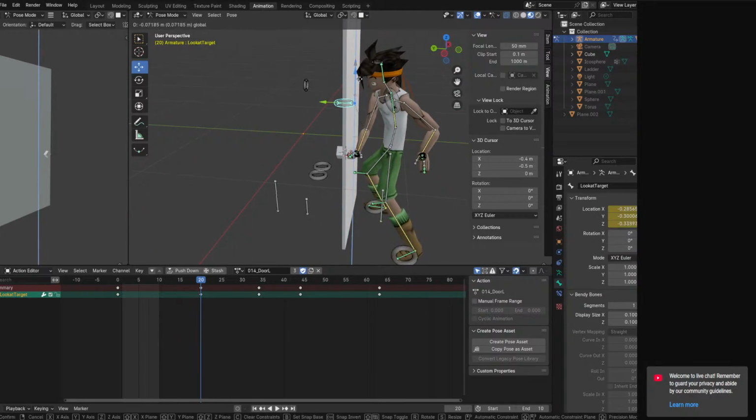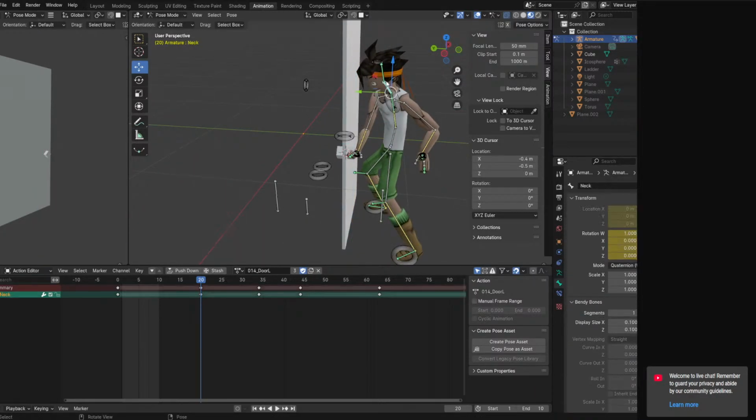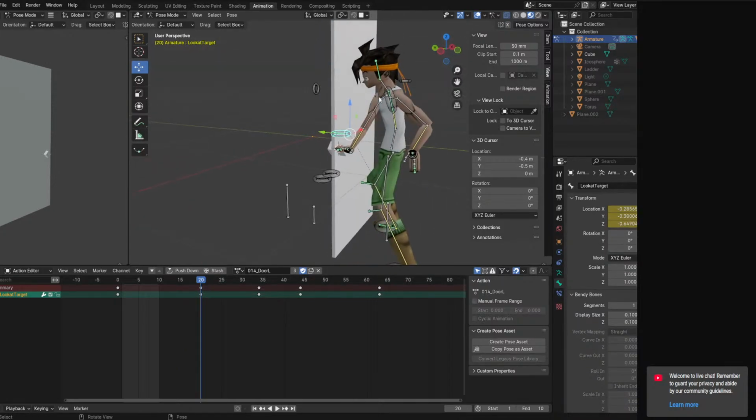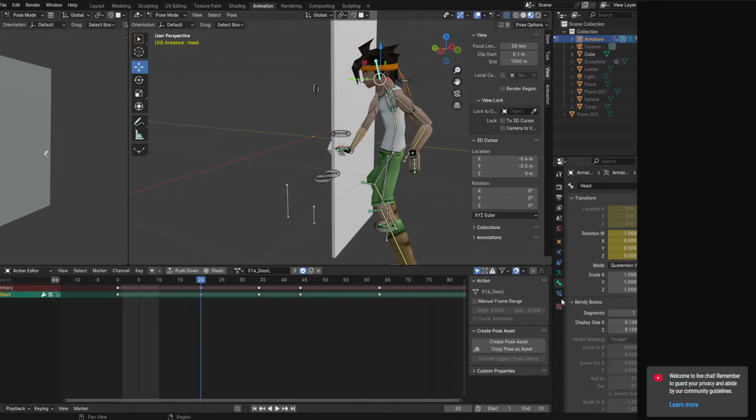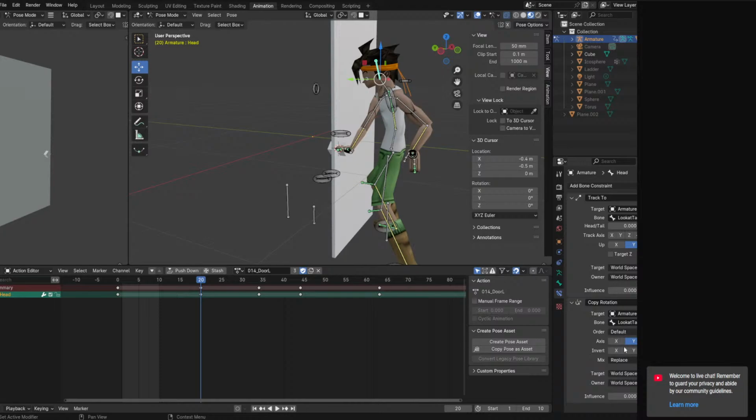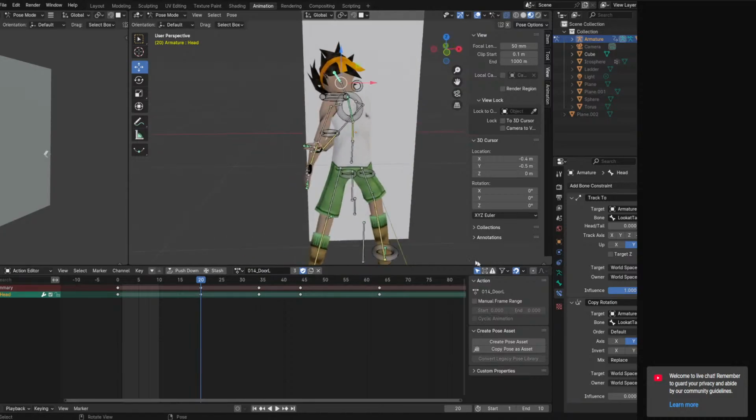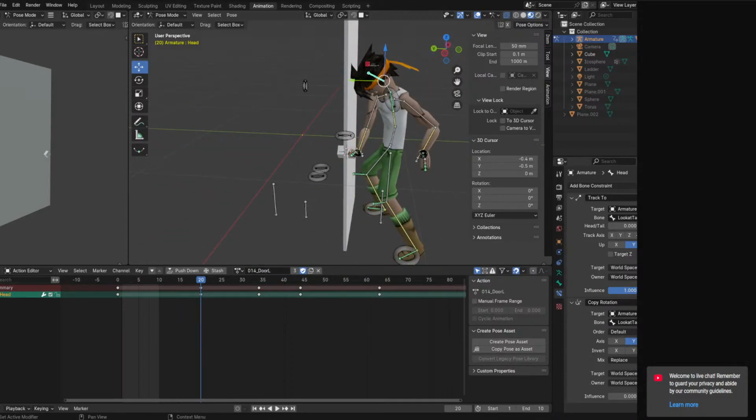Let's have him look down at the doorknob. It's a little bit too direct. Let's do this much. Influence 0.5.